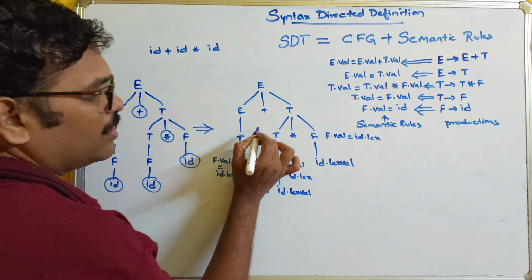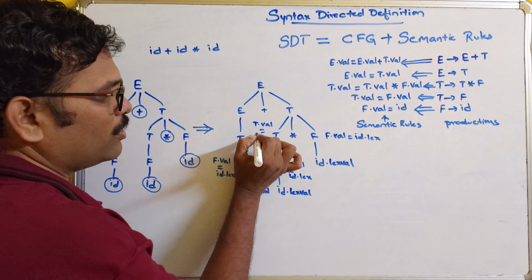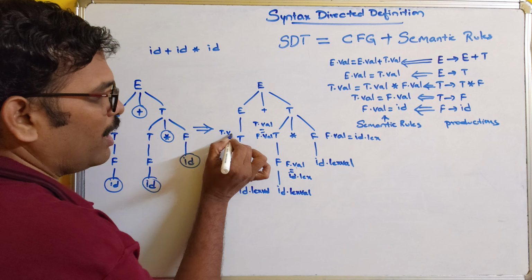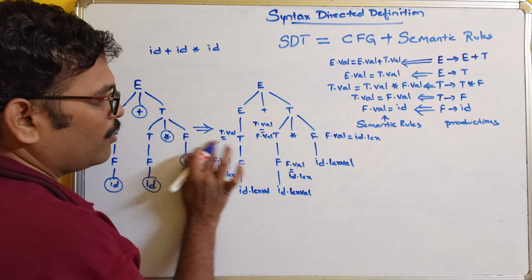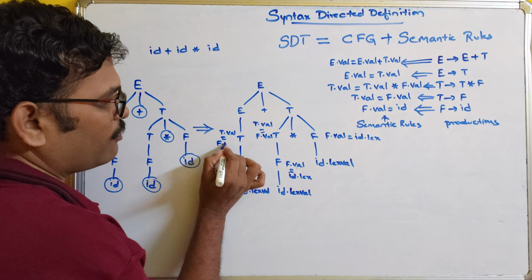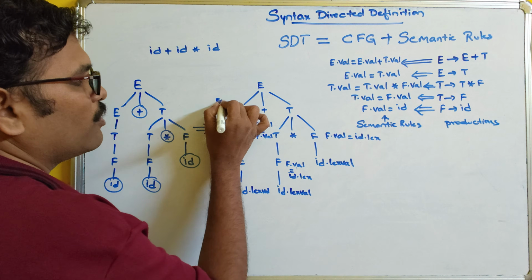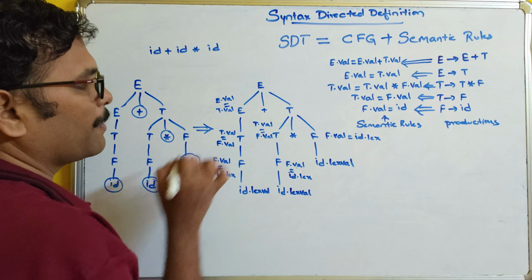What happens here? Here it is T dot val is equal to F dot val, and here also T dot val is equal to F dot val, and here what happens? E dot val is equal to T dot val.